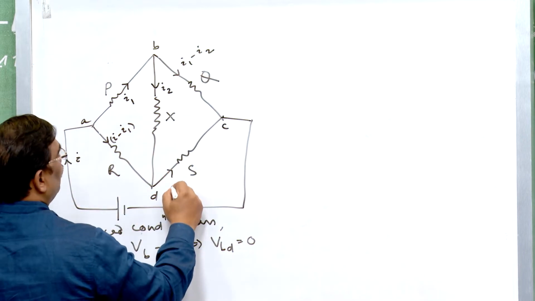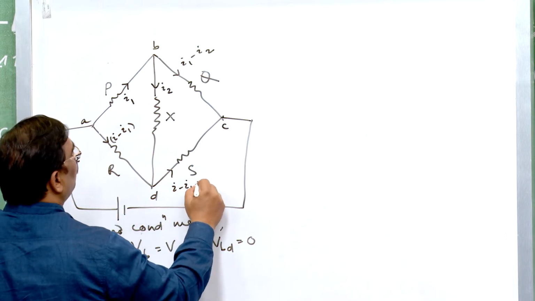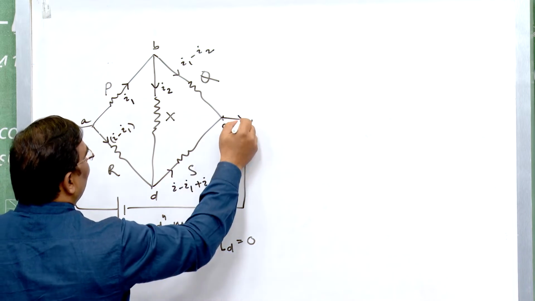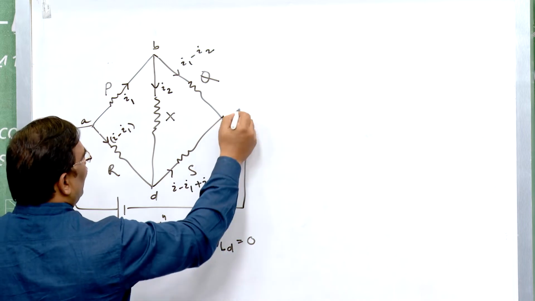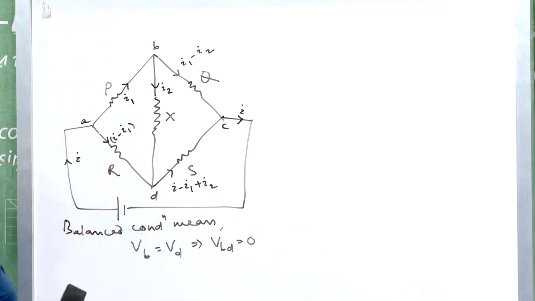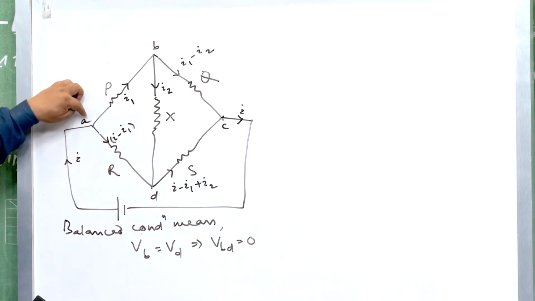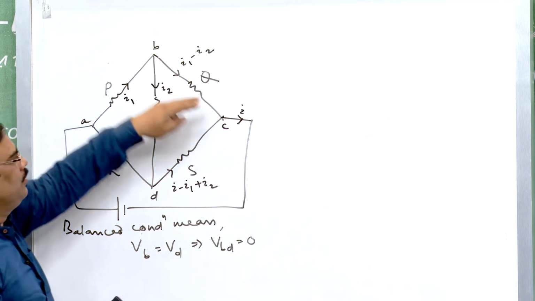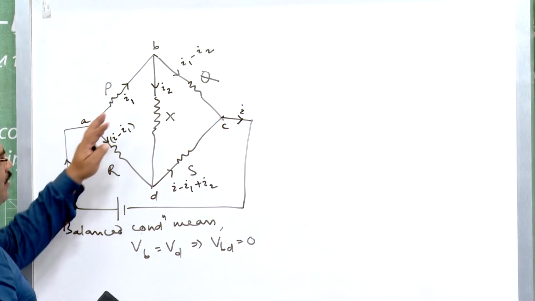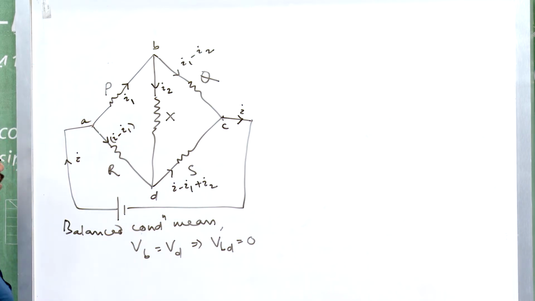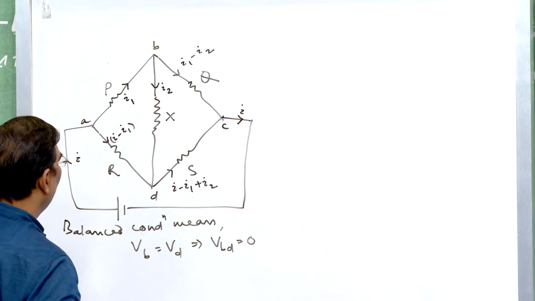So, this will be I minus I1 plus I2, and this is equal to I. So, the amount of current entering the Wheatstone's bridge is equal to the amount of current outgoing from the bridge, which means Kirchhoff's first law we have applied successfully.